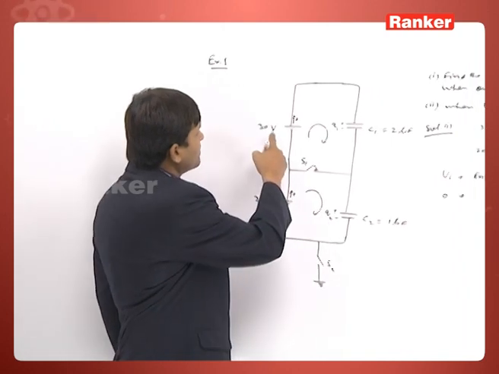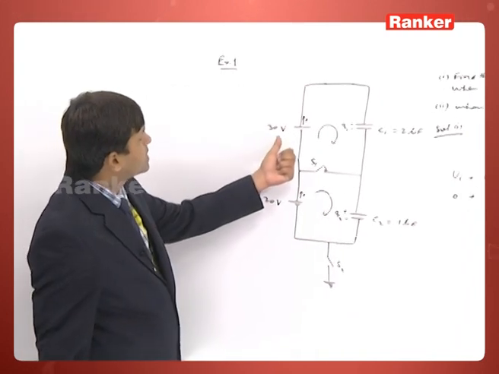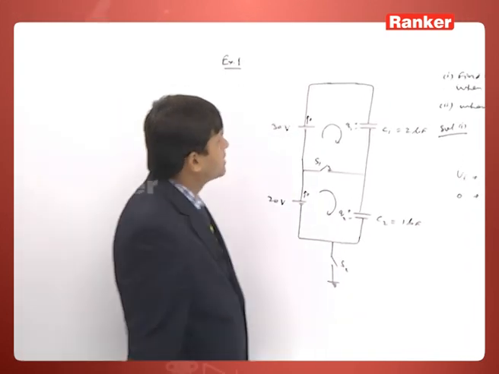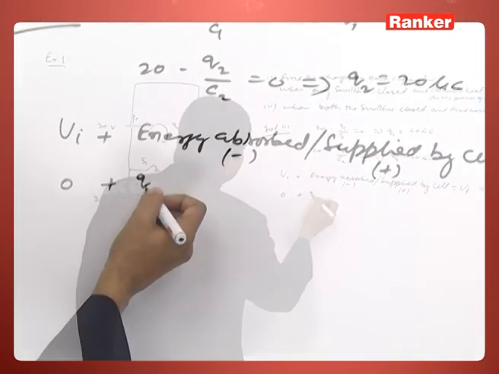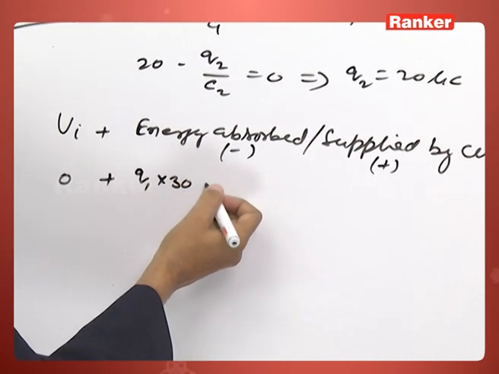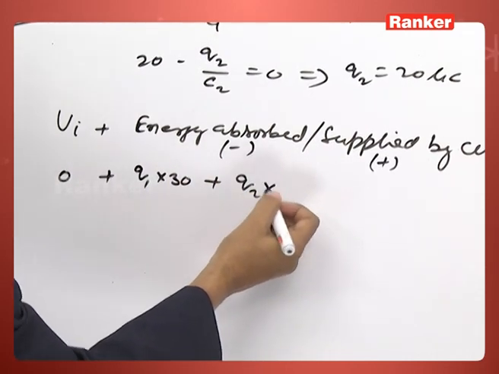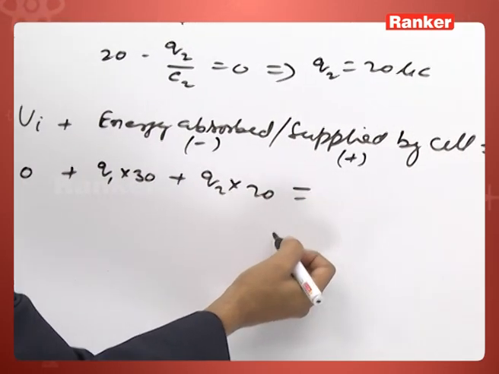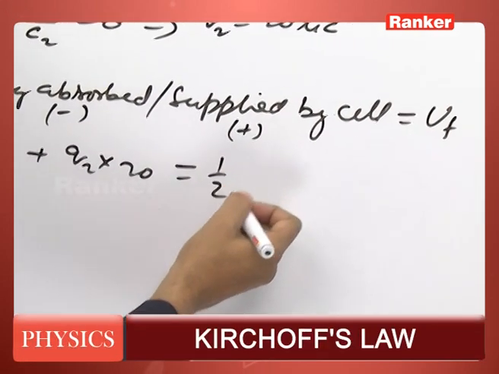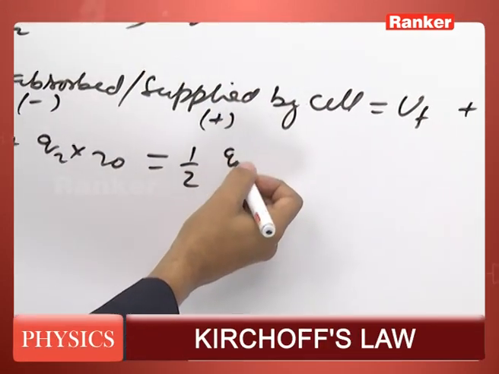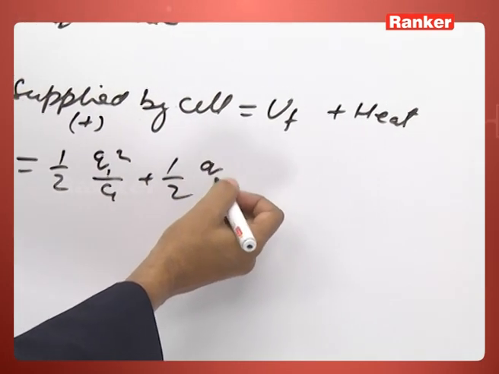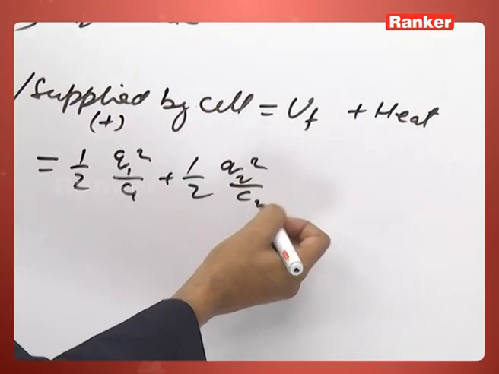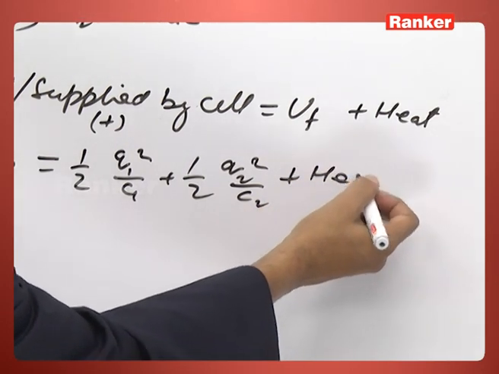So the energy supplied by the cell is written as total charge flown into EMF, Q1 into 30. Similarly, Q2 into 20 equals the final energy. Final energy is half Q1 square by C1 plus half Q2 square by C2, plus heat.